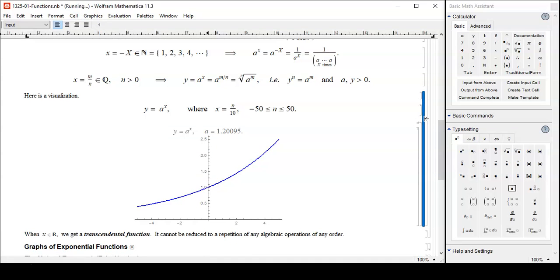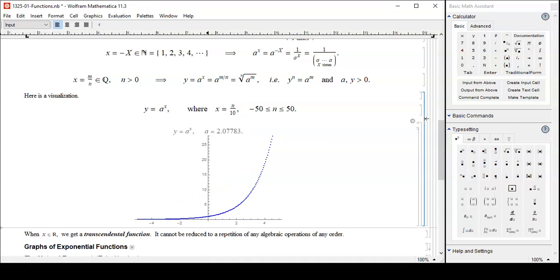So from negative 5 to positive 5 stays the same, and now we are putting 201 dots here, including 0.